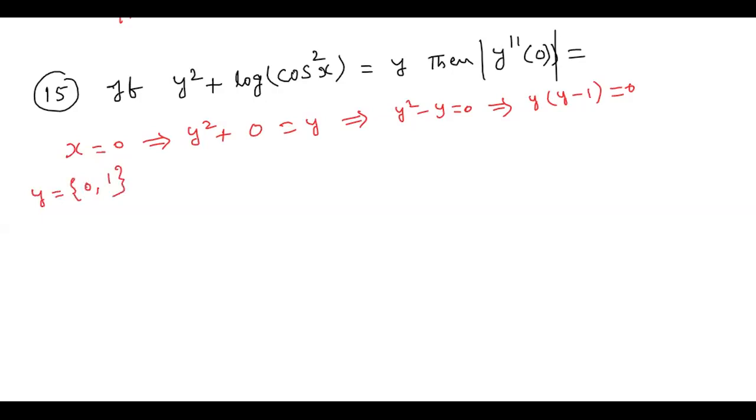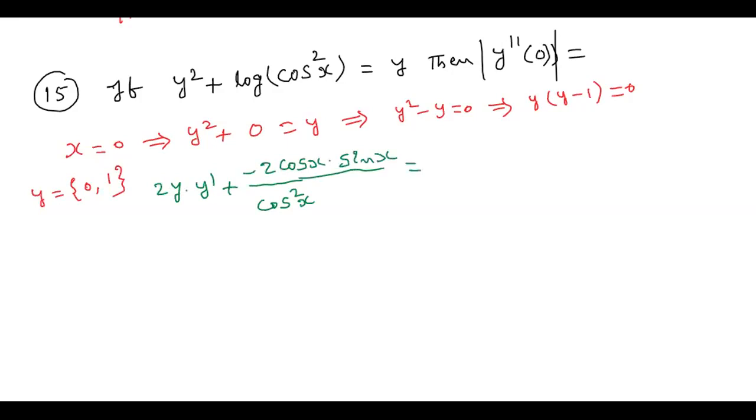Okay. Now take the function, do the differentiation. y square derivative, what? 2y into y dash, plus logarithmic function derivative, log x derivative 1 by x, 1 by cos square x. Derivative of cos square x, that is 2 cos x, internal derivative, that means derivative of cos x is minus sin x. Here is a minus.